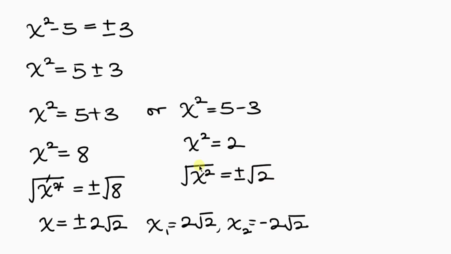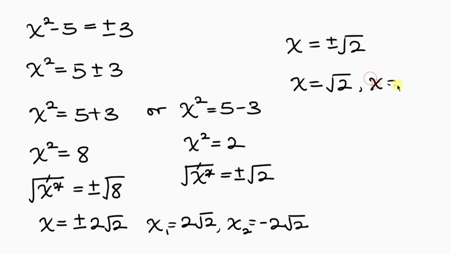Now notice that this square root cancels out the square, leaving behind x to be equal to plus or minus the square root of 2. So there are other two values of x from here, which are x equal to positive √2 and x equal to negative √2. We've already got two values from here, so this is the third and this is the fourth.